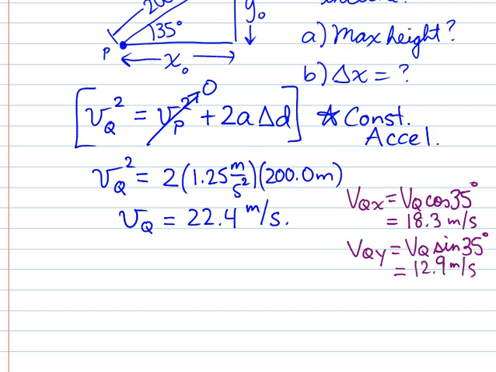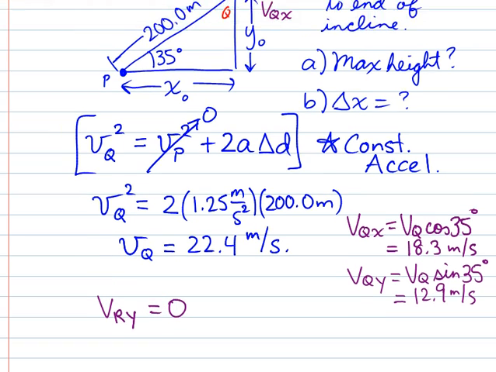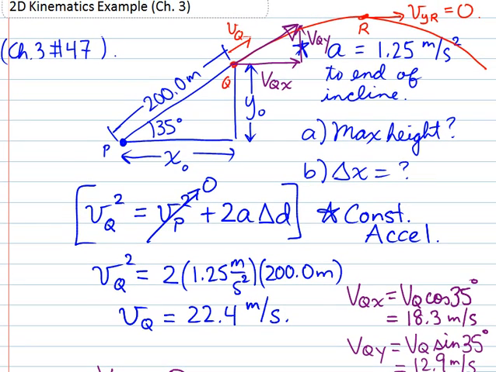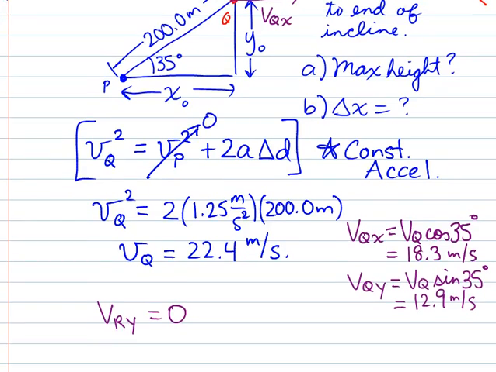Now, in order to get the maximum height, we observe that VRY is going to be 0. In other words, the vertical speed at the top of our path will be 0.